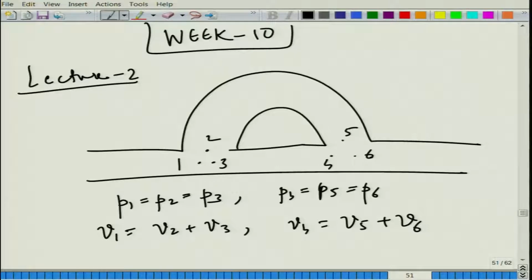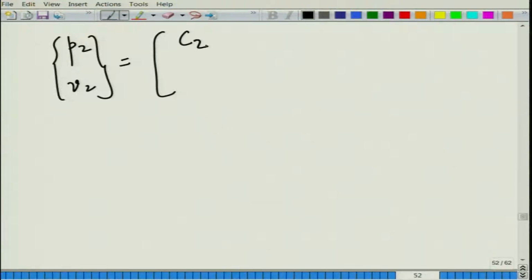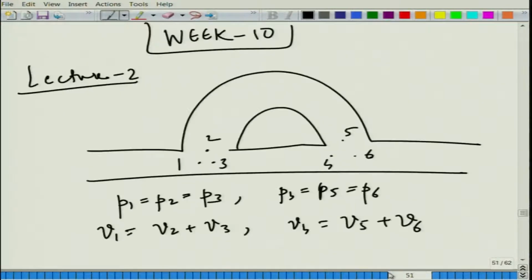We also have the other representation, that is the transfer matrix representation, where P2 V2. I would just put it as C2, that is basically C. I will tell you what it means. Another thing I forgot to mention: this is Y naught, this is also Y naught, meaning that the cross-section area is the same for both. So, let us assume the diameter is D naught.